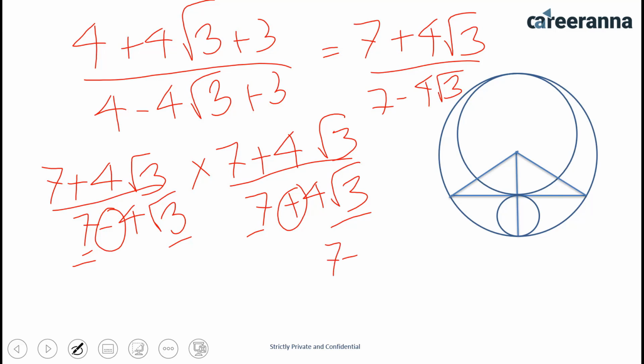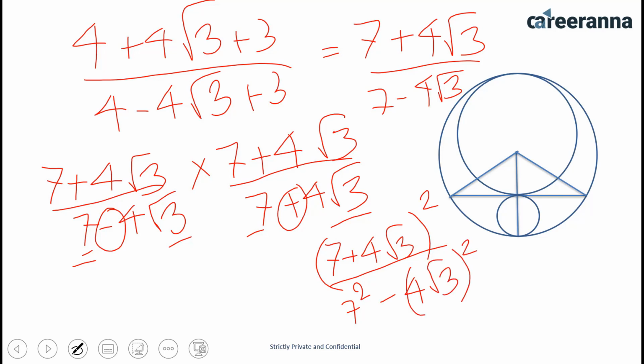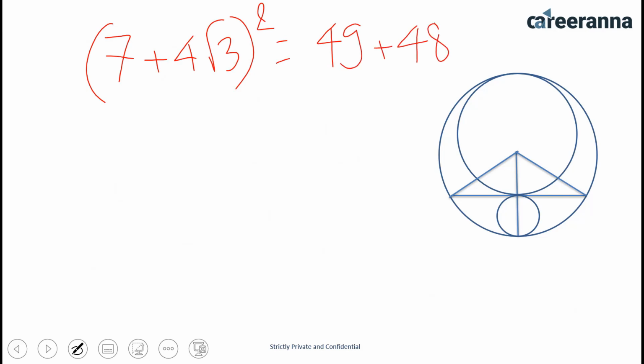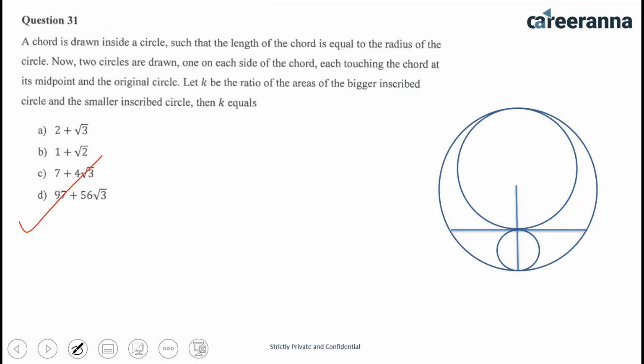This becomes (7 plus 4 root 3) whole square in the numerator, and 7 square minus (4 root 3) whole square in the denominator. Now the denominator becomes 49 minus 48, which equals 1. So in the denominator there is nothing except 1, but in the numerator we have to solve it. (7 plus 4 root 3) whole square means 49 plus 48 plus 56 root 3. This becomes 97 plus 56 root 3. So the answer to this question is option D.